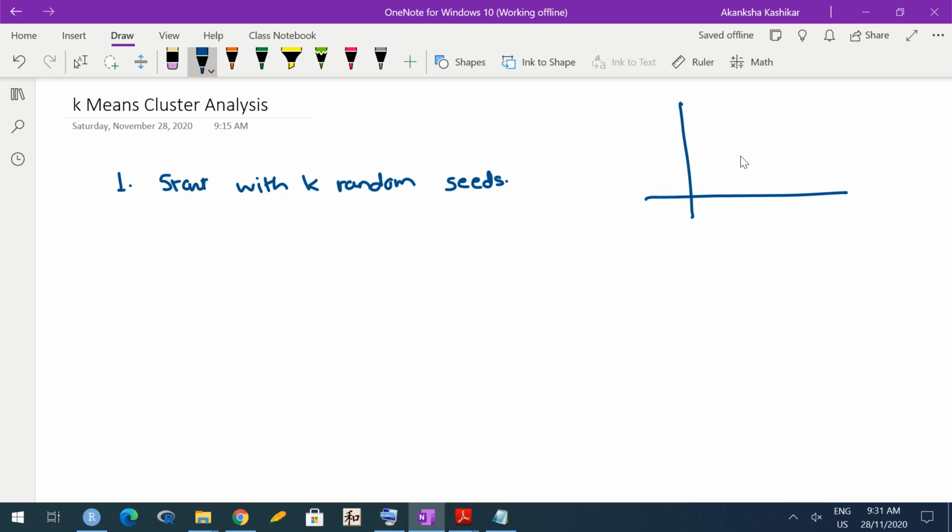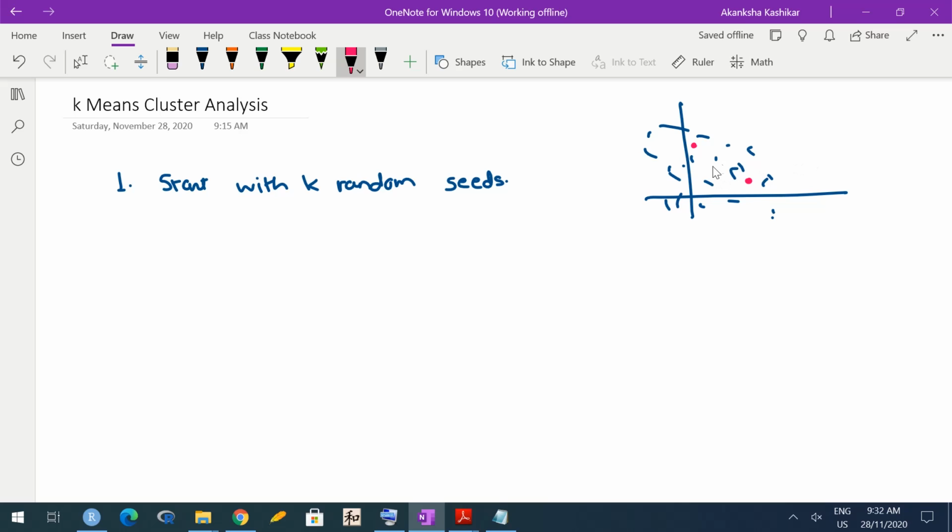For example, if you have a bivariate data set and the scatter plot looks something like this, then you may choose 2 points in the range, say this and this, as two different seeds. So you have to choose points which are roughly in the range of the data, but as far as possible away from each other.